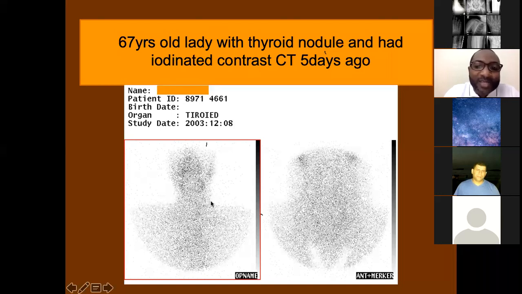So in this circumstance, we will not be able to report this kind of scan. We will tell the patient to return in 3 to 4 months' time, because the iodinated contrast medium is interfering with the uptake of the gland, all right? So anytime you see an absent uptake, either the patient has subacute thyroiditis, or has had a thyroidectomy, or has had iodinated contrast medium, all right, or has an ectopic thyroid.